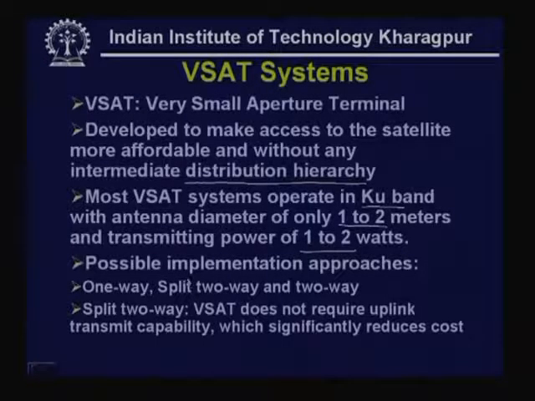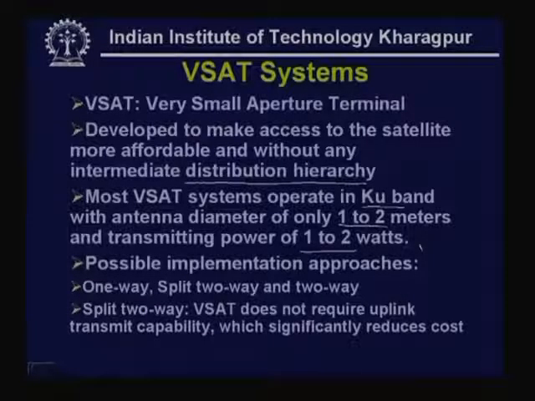So, there are several implementation approaches. Particularly, they can be categorized into 3 types: one way, split two way and two way, and we shall discuss in more detail the one way and two way. The split two way is a special situation where VSAT does not require uplink transmit capability, which significantly reduces cost.